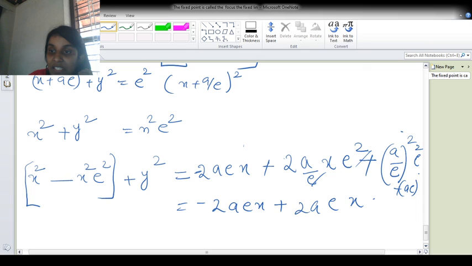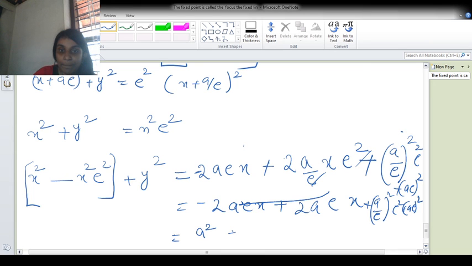So A square plus A square E square, so here minus, you get A square E square.